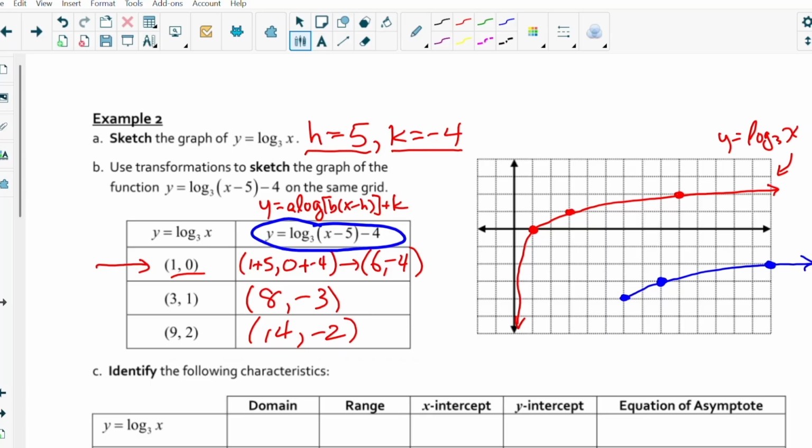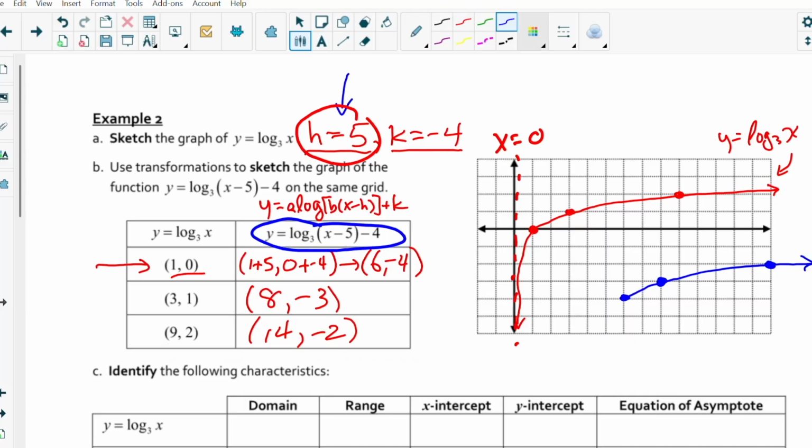Where is the vertical asymptote? If h equals 5, we're starting to understand what happens to our vertical asymptote. We started at x equals 0 for our vertical asymptote, and then we translated 5 units right.